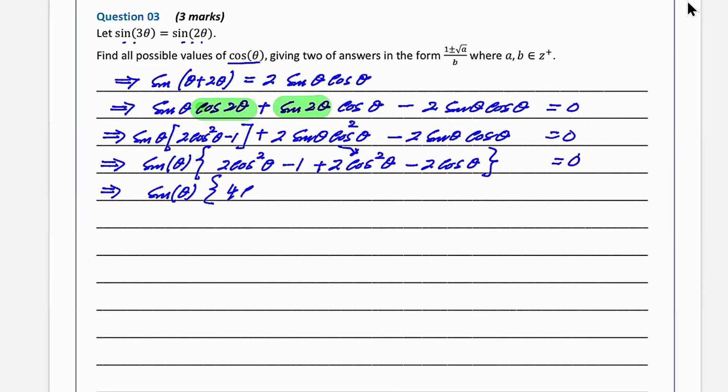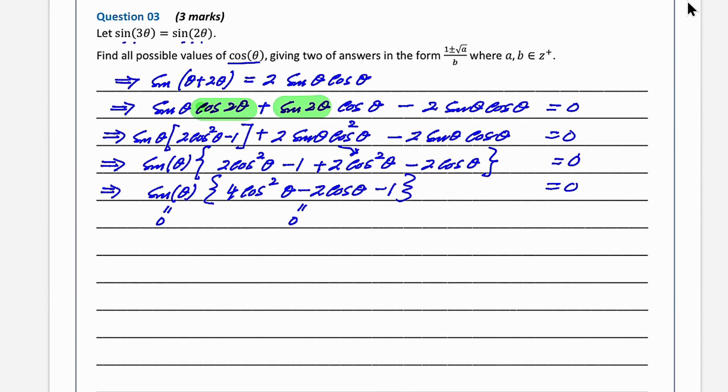This guy is going to be 4 cos square theta minus 2 cos theta minus 1, equal to 0. Now game over. There is nothing to simplify further, right? Everything is in the cos format. Unfortunately, we have a sine term, but it is factorized already, taken out. So now you can use the null factor. Null factor tells you that this is going to be 0 and this is going to be 0, isn't it?